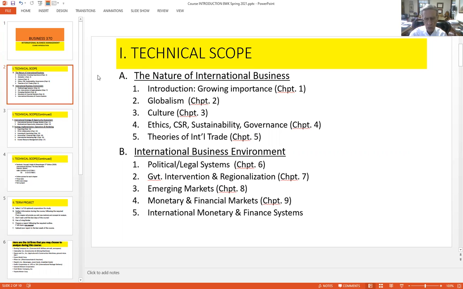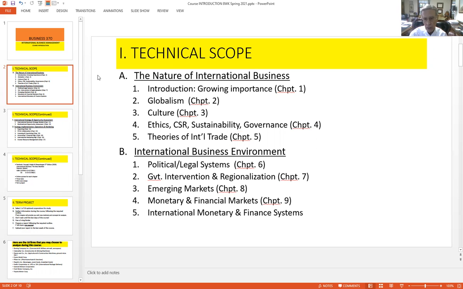And as you can see, the scope there deals with the various issues that flow out of the international nature of multinational trade, political, government intervention, the nature of emerging markets as opposed to mature markets, and completely undeveloped markets.